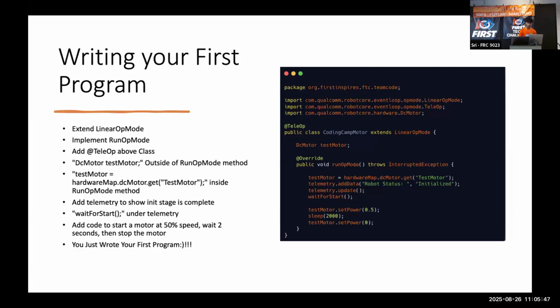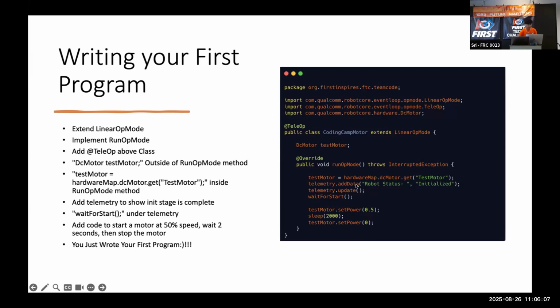On the driver hub, when you run a program, you'll have a button that says init on it. When you press init, it runs the initialization stage of your program. Then when you press the actual play button, it runs the rest of your program, the start stage.